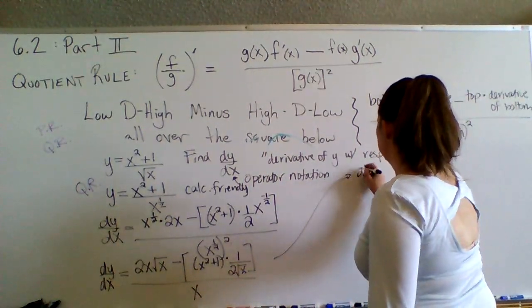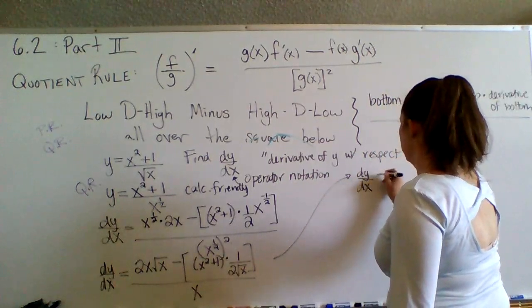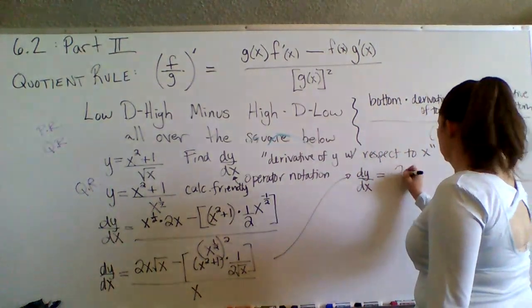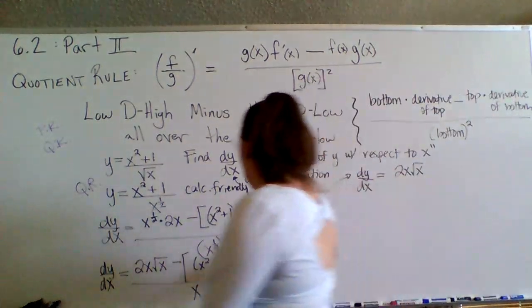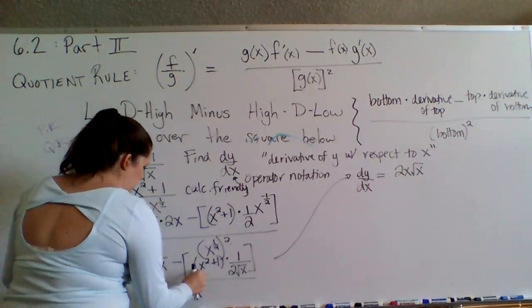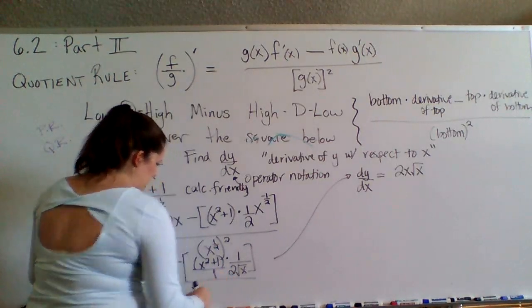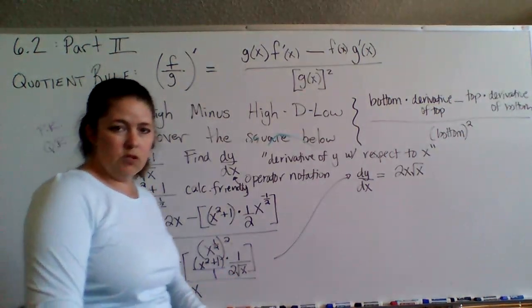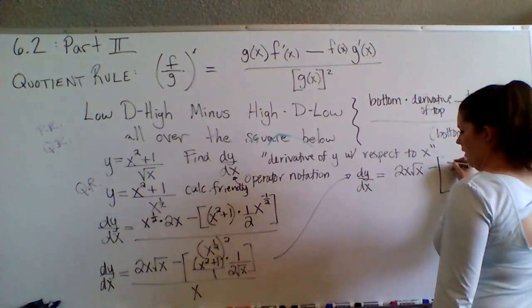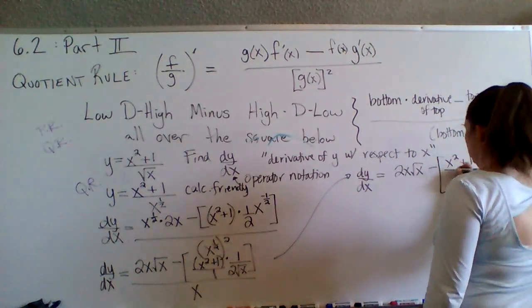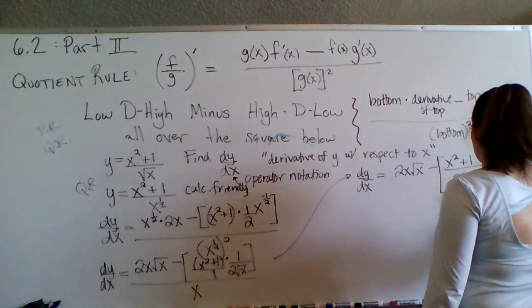So moving up here, my derivative of y with respect to x would equal 2x times the square root of x. Well, if I have one part that's a fraction, it's easiest if both parts are fractions. So this is x squared plus 1 over 1, and we're just multiplying straight across. So minus, and then we would have x squared plus 1 over 2 square roots of x.